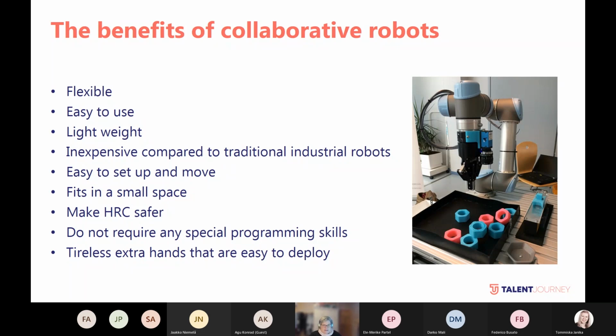The really big thing in many companies is also that collaborative robots do not require any special programming skills. In many small and medium-sized enterprises, the company's own personnel have taken over the robots and built the necessary automated solutions with them. In summary, therefore, collaborative robots are tireless, additional hands that are easy to deploy.